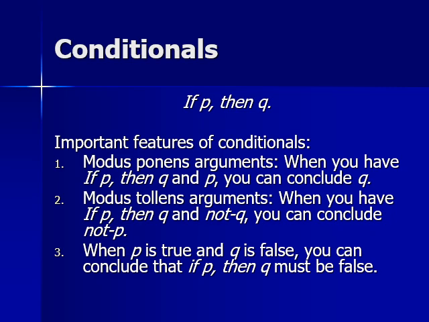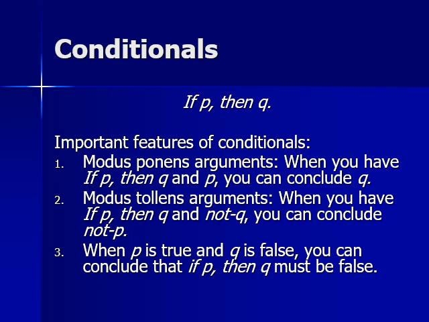For example, suppose somebody gives you this conditional. They say, if it is raining, then the road stays dry. And you look outside and you see, yes, it is raining, so P, the antecedent, is true. But contrary to what they said, the road is not staying dry. The road is getting wet.